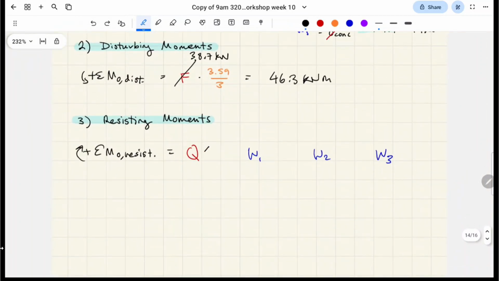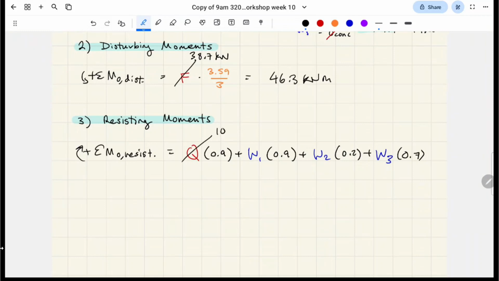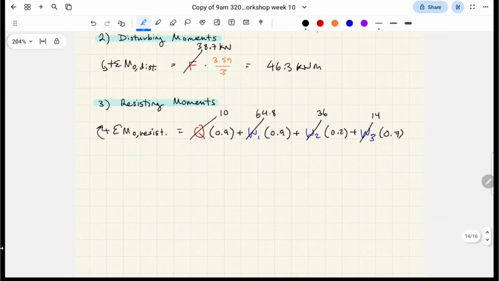So all the lever arms go like this, and we calculated these forces. Like that, giving us 84.32 kilonewton meters, okay?